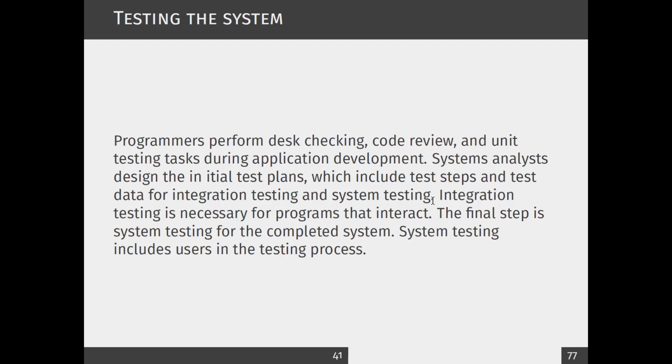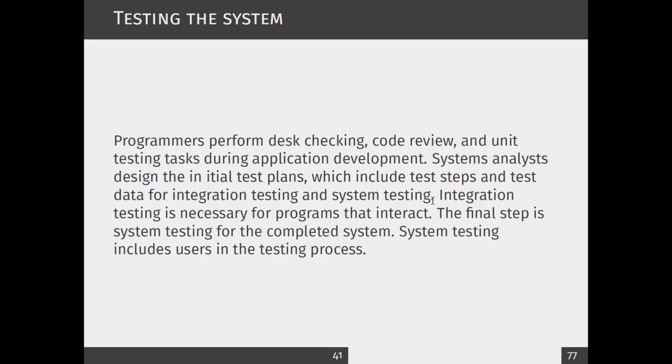When it comes to programmers, they can perform various tasks: test checking, code review, and unit testing, which happen during application development. Then we have the system analysis design in the initial test plan, which includes test steps and test data for integration testing and system testing.